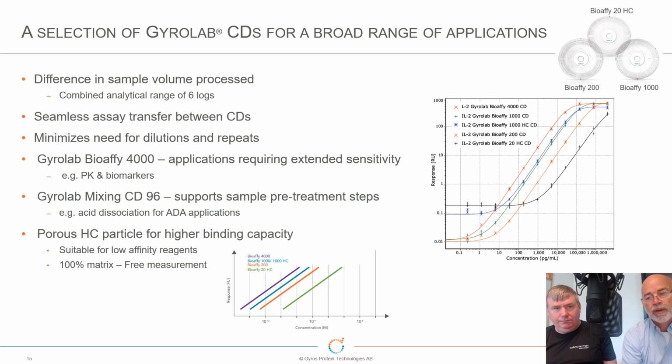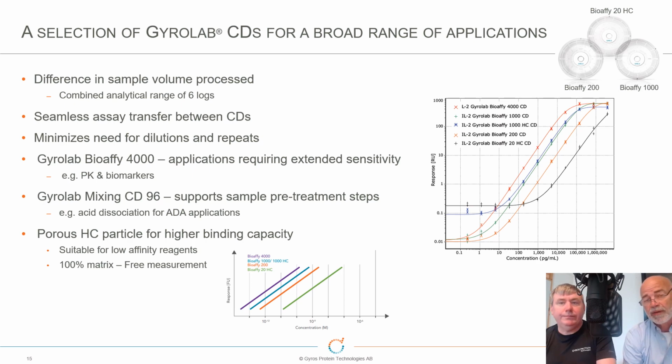So here we're going to delve into a little bit more detail on selection of CD type. You can see across the 4 basic CD types, they are derived based on sample volume from 20 nanoliters all the way up to 4,000 nanoliters, with the new addition of the 4,000 nanoliter CDs.